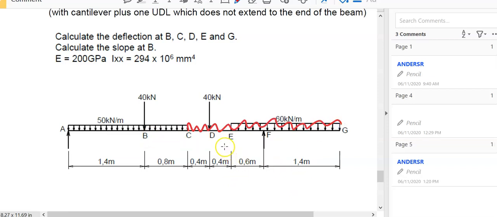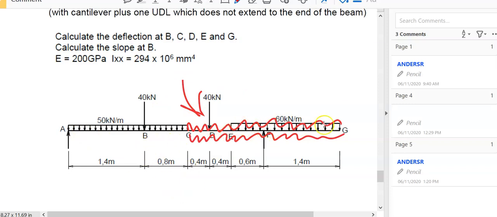And then you add another upward UDL starting over there, going there, okay? So the moment due to this UDL is minus 50 times x over 2, taking moments about G. Minus, because it's anti-clockwise with respect to G, so it's minus 50 times x over 2, okay?